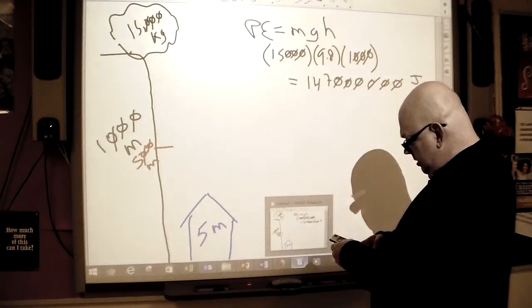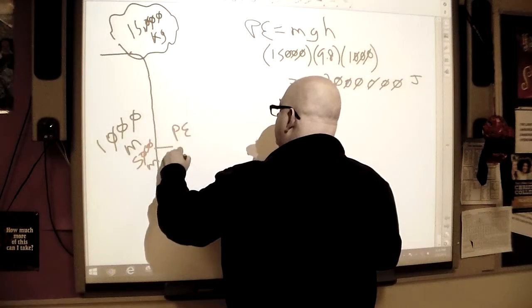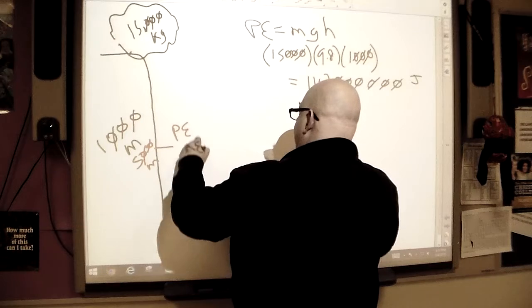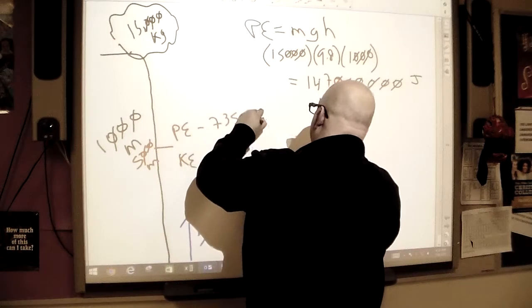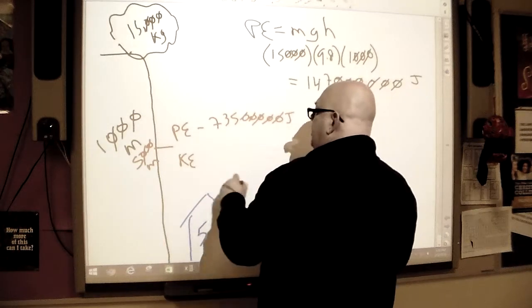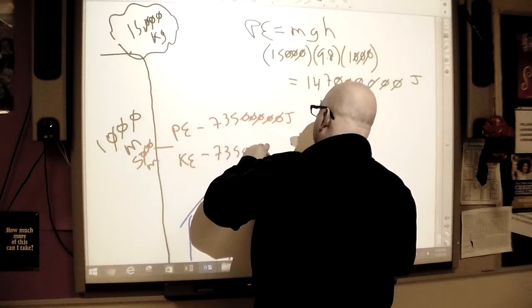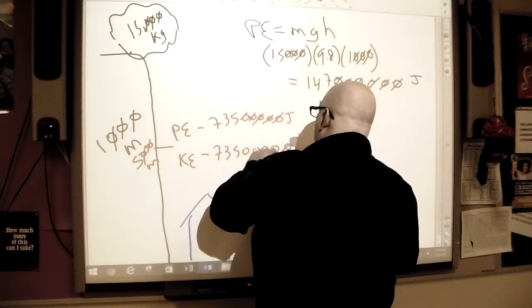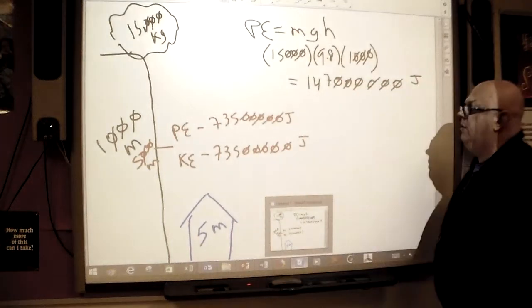So I'm going to say now we have potential energy and kinetic energy. Our potential energy is 73,512,345. So this is how many joules of energy we have for potential, and how many joules of energy we have for our kinetic.